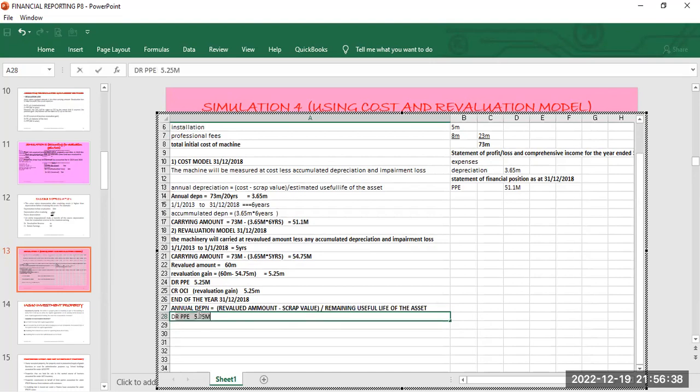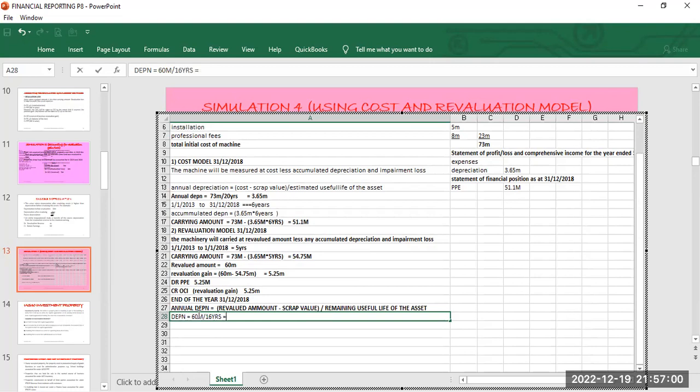So to get the depreciation, it is now going to be the revalued amount, which is 60 million. Less, of course, the scrap value, which is not there. They have not given us, so we just divide by the remaining useful life, which they told us is 16 years.